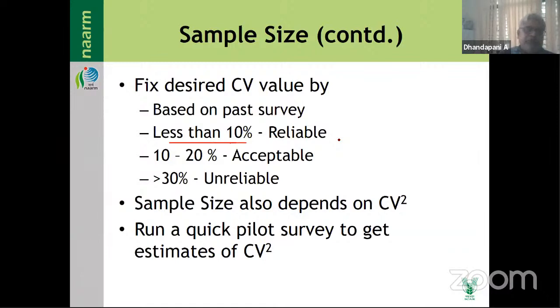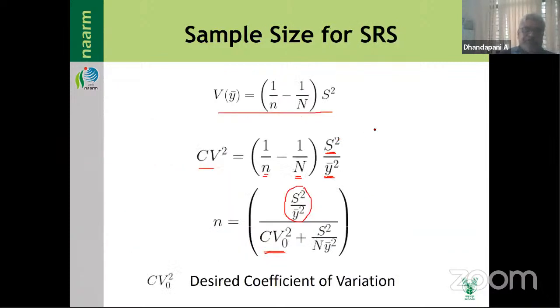Typically you can fix n only for one parameter, because in the previous equation this is the population variance or population mean of a particular characteristic. So maybe I can fix this n for, say, average traveling time. What about distance traveled? Distance traveled will have a different population variance and different population mean, so that will give me a different n.